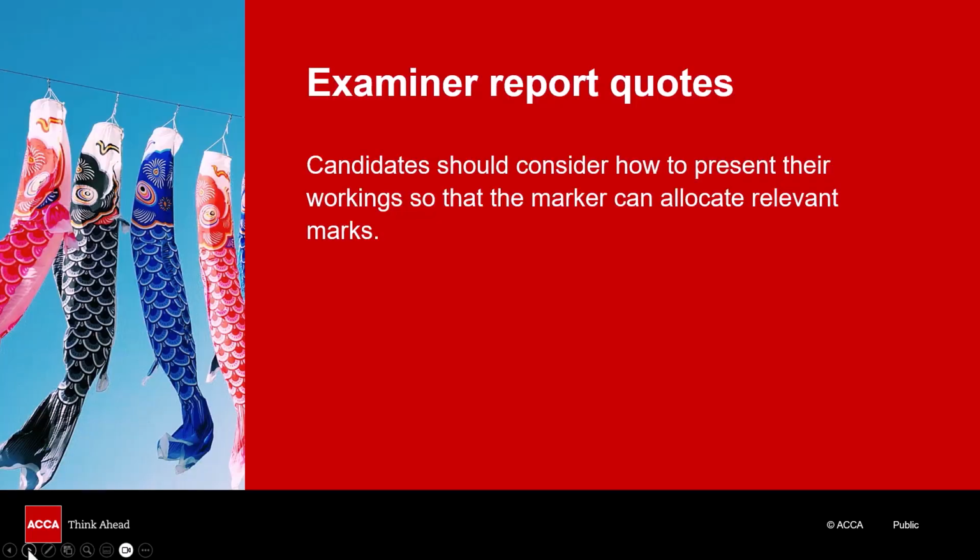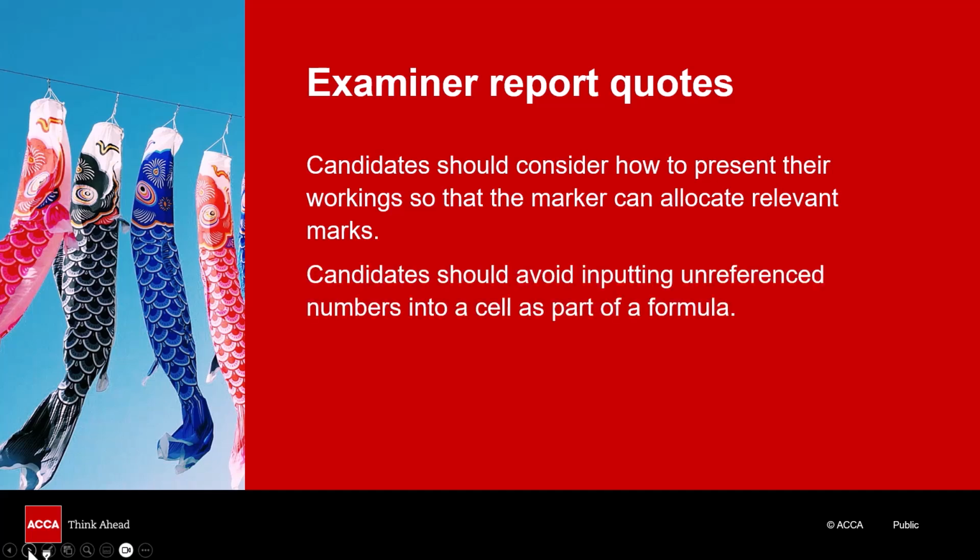Now, you do have to think. You're doing your answer, it will be marked. And what the examining team says in the reports is ideally you avoid putting in unreferenced random numbers in a cell as part of a formula, because that can be quite time consuming or tricky for a marker to mark.